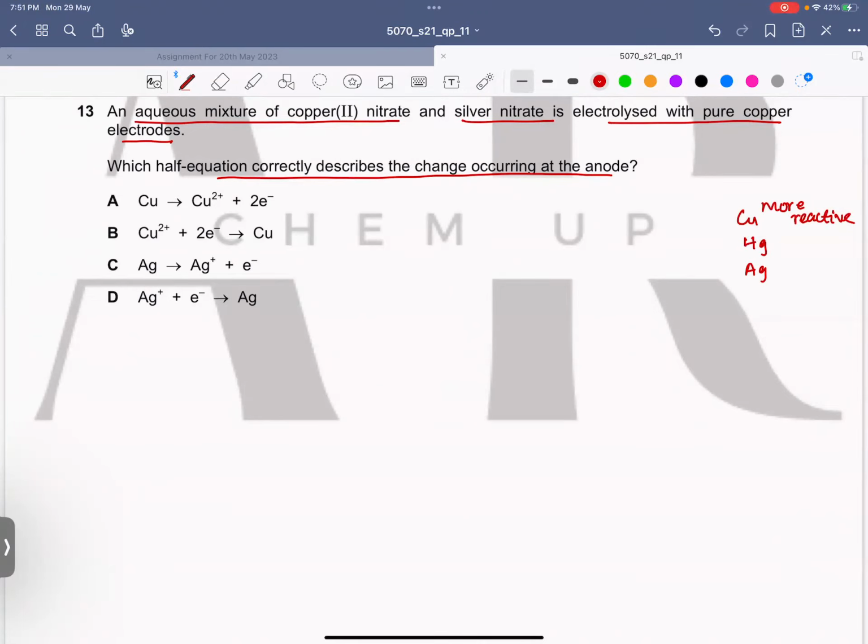So if the anode is copper, the change at the anode is that solid copper starts dissolving, forming aqueous ions by losing electrons. This is the change taking place at the anode, whether it's copper(II) nitrate or silver nitrate. So these three go wrong, and A is your correct answer. Is this clear to everyone? Yes, sir.